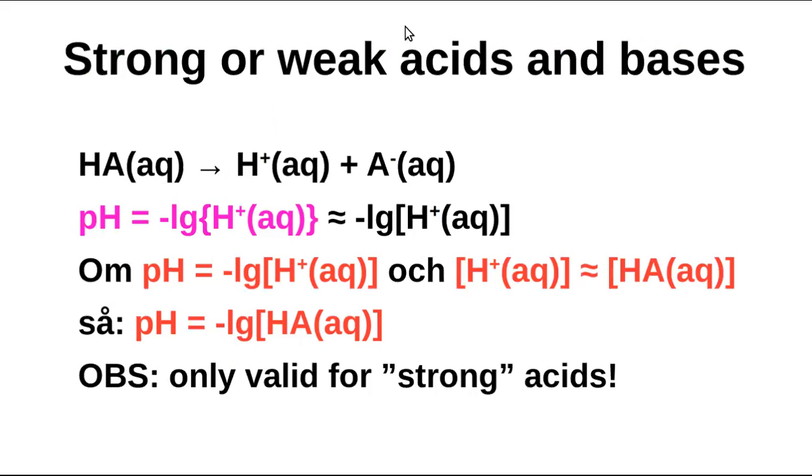Sorry, my pen. The value of the equilibrium constant for this very equilibrium: in my program it's difficult to write these double arrows, so it's usually only a right arrow.